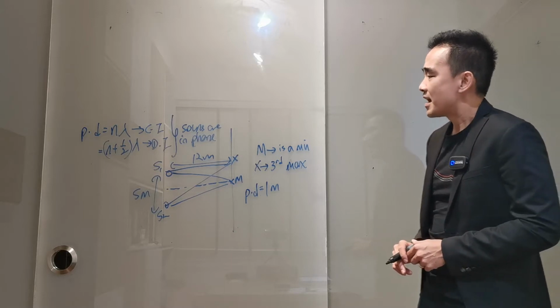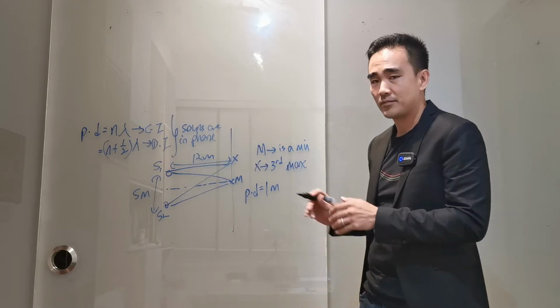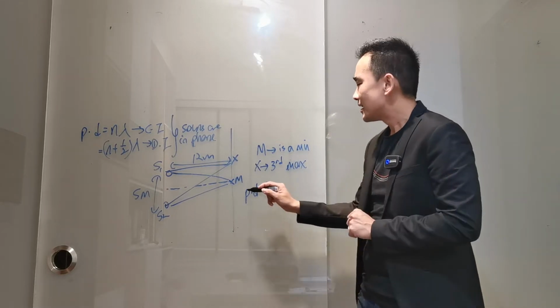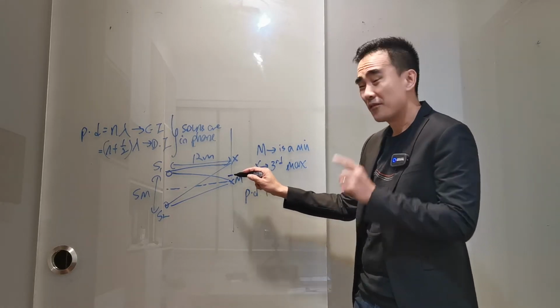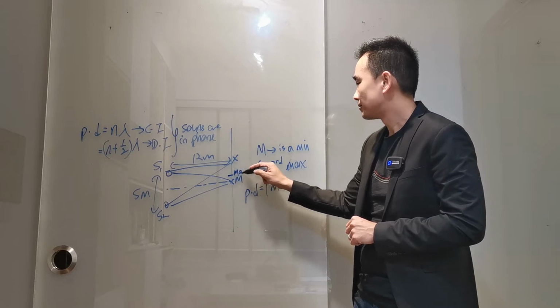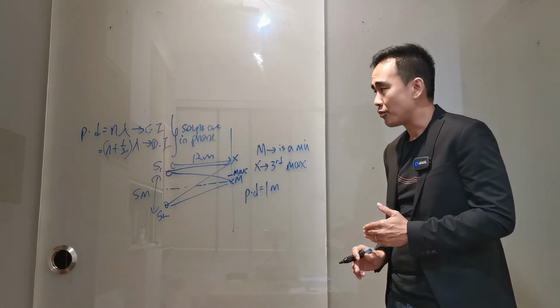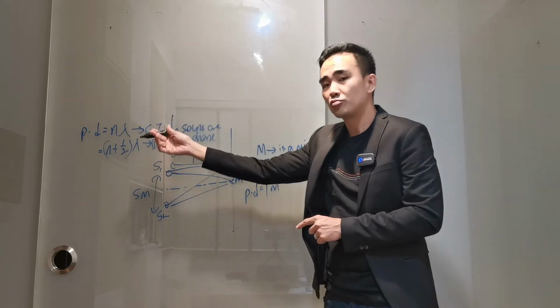So the question is, what is the wavelength? If X is the third maxima, how does this help us understand the wavelength? Let us do some simple counting. If this is minima, and the first maxima is over here, then remember, if sources are out of phase or anti-phase, the conditions get swapped around.